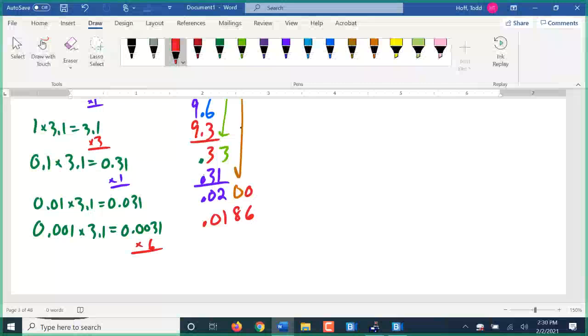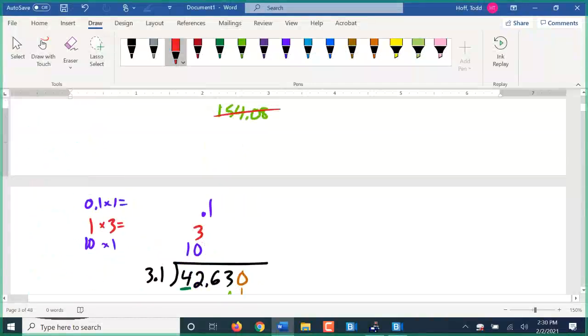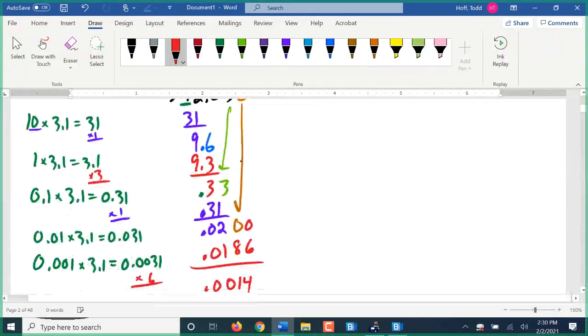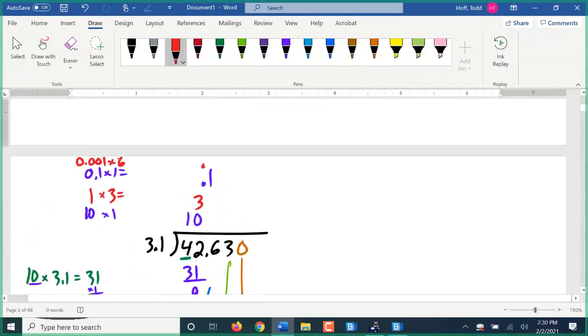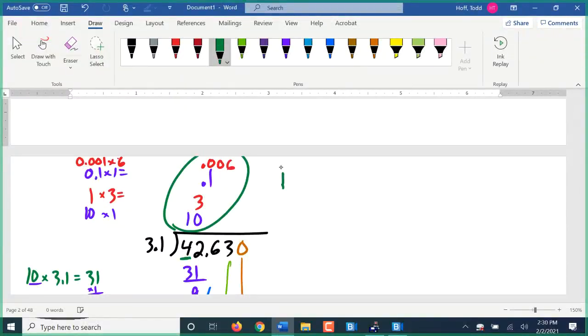Got to put an extra 0 in there. I subtract, I get 0.0014 left over. So that was the thousandths times 6. That's 0.006. Now I'm going to stop there right now. If I combine these digits, I have 13.106 is my result.